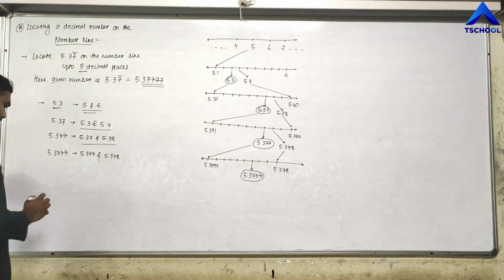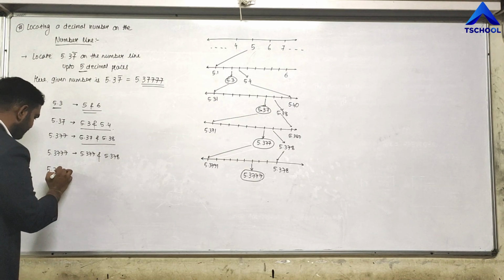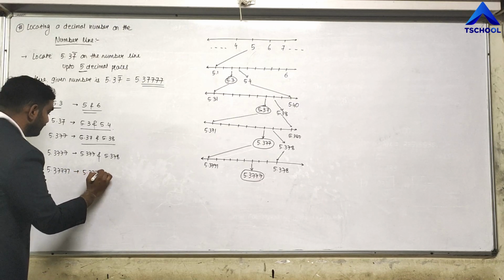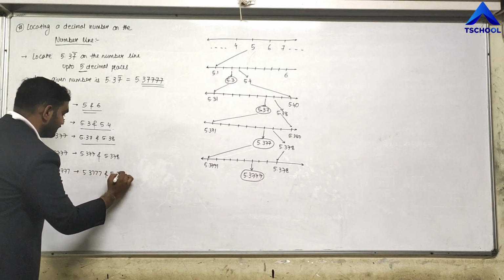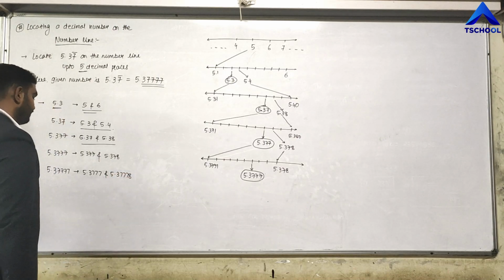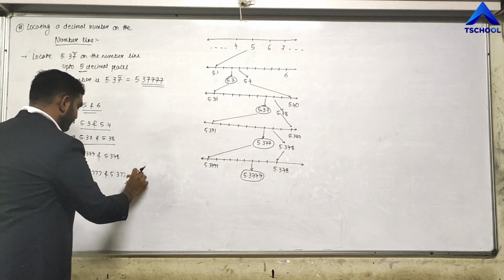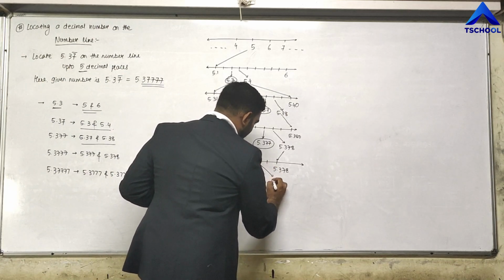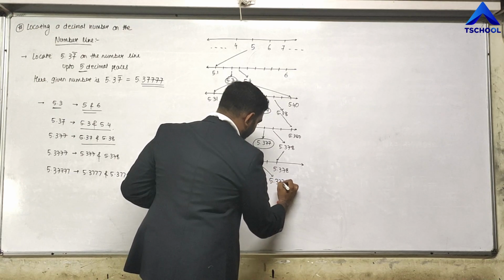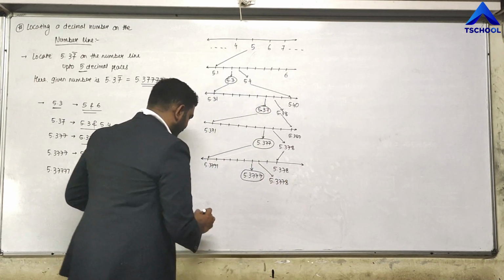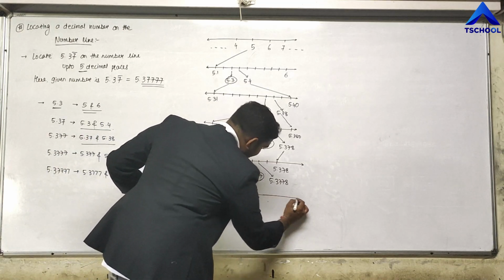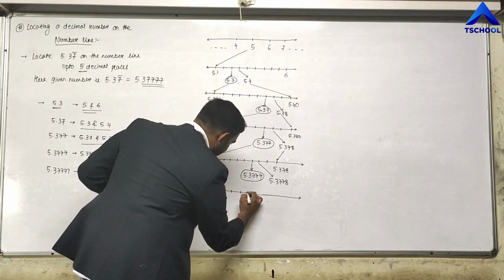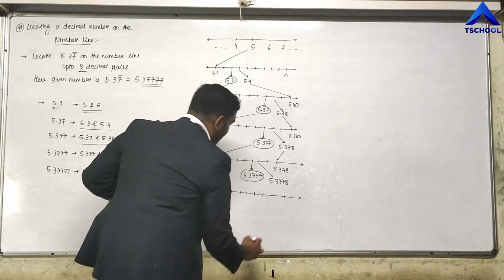Right, again for the last one, that is 5.37777, I shall need 5.3777 and 5.3778. Right? So this is the last number, and again showing it on the number line, dividing this number line into 10, 2, 3, 4, 5, 6, 7, 8, 9 and 10.